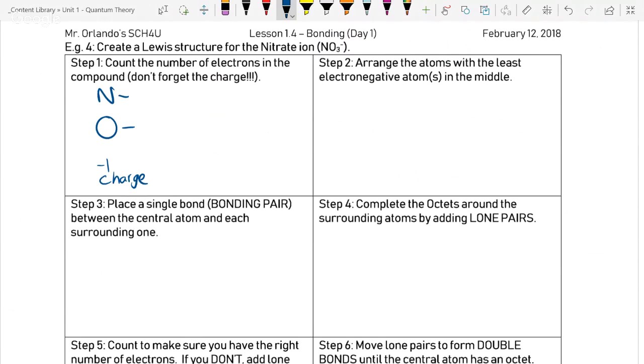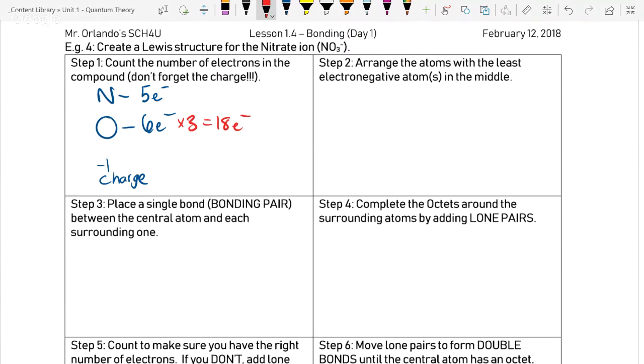So how many electrons total does this thing have? Well, nitrogen has how many electrons in its valence? It has 5 electrons in its valence. Good. What about oxygen? How many electrons does it have in its valence? 6. And how many of them are there? For a total of 18.